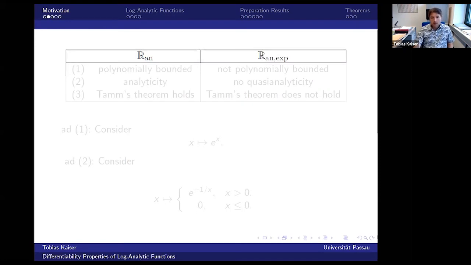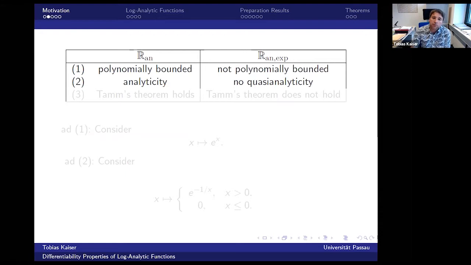Why? So on the left we have R_an, on the right we have R_an,exp. Well, R_an is a polynomial bounded structure, R_an,exp is not polynomial bounded.